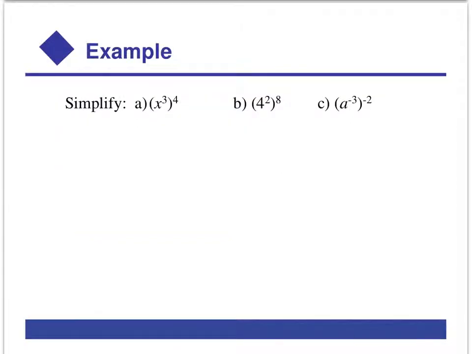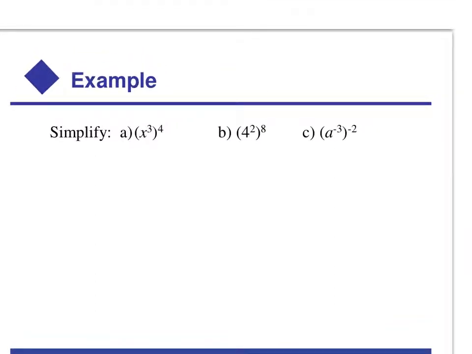So for example, if we raise these, a becomes x to the 12th, and then 4 becomes 4 raised to the 16th power, and we're just going to leave it there, and then C, we get a raised to the positive 6th power, and we're done.